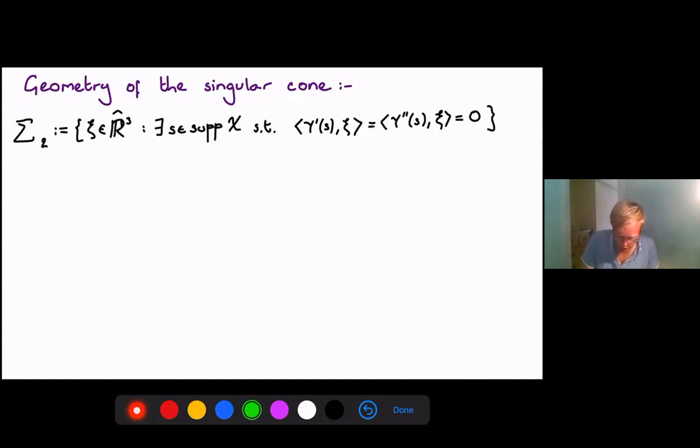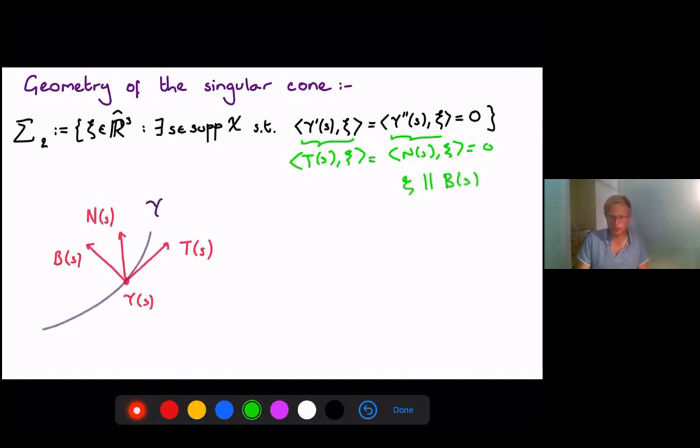In particular, the first order derivative of gamma is just the tangent vector field to the curve, and the second order derivative is going to be the normal vector field to the curve. So these conditions mean that xi is simultaneously normal to both the tangent direction and the normal direction to the curve. That means that xi must be parallel to the binormal direction to the curve.